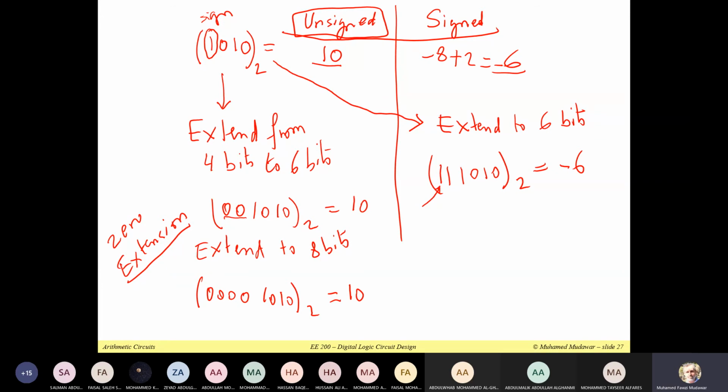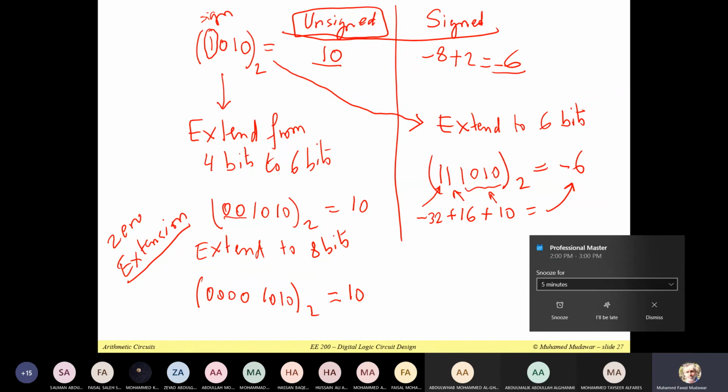This one here is -32 plus 16 plus 10. If you add them up, you get -6. Do you agree? This is 16, this is the 10, it's actually 8 plus 2. Okay?